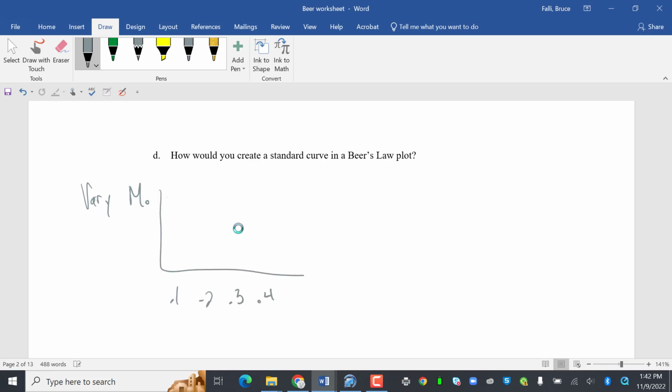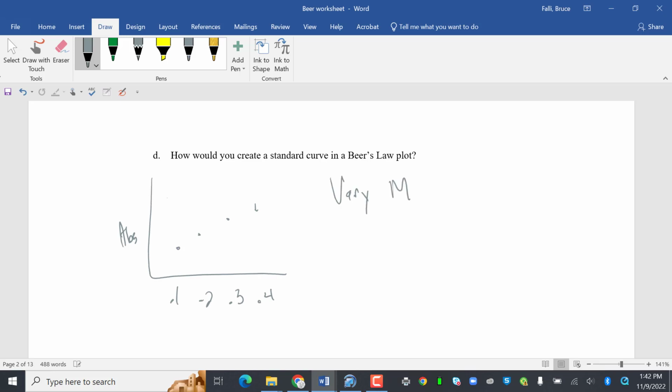Then I would take the readings and graph the absorbance. Vary molarities, record absorbance. Then you take your unknown, and it's right there, and I go, oh, it's 0.3, and that's it.